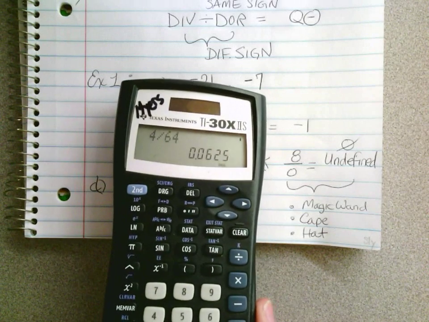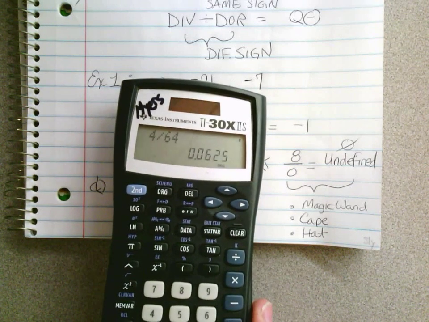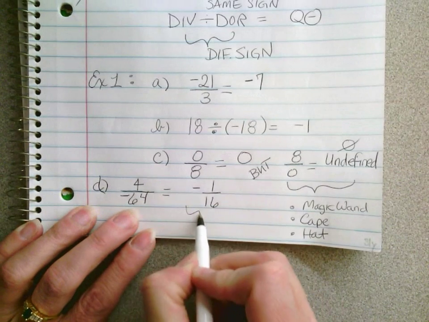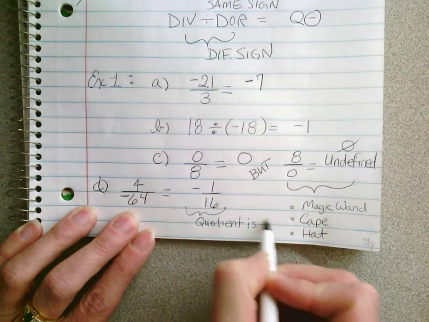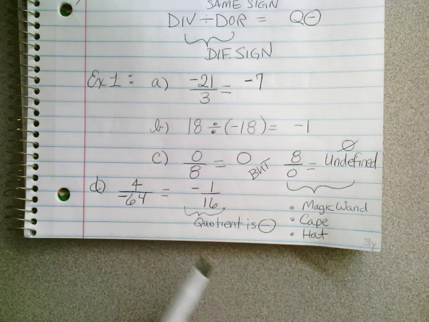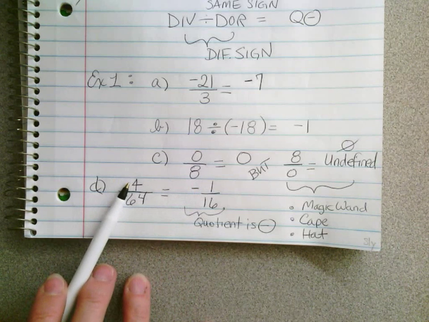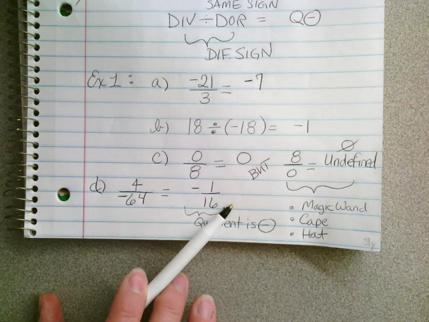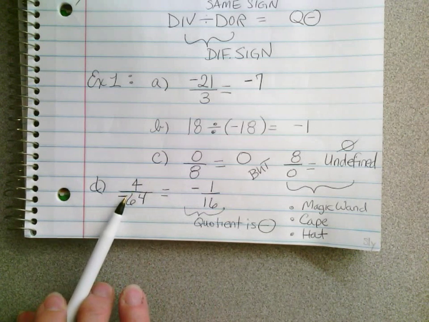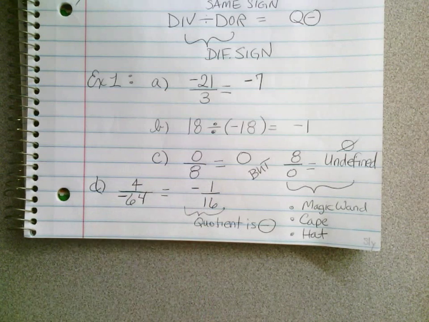If your calculator has an easy way to do negatives and positives, you'll get a negative. In other words, the quotient of this is negative. So where you float that negative is not relevant in the quotient. Here, what they were trying to tell you is 4 divided by negative 64, which we just reduced. So whether you put this here or here, you are recognizing that one of these two things is a negative. I know that can be a little bit confusing.